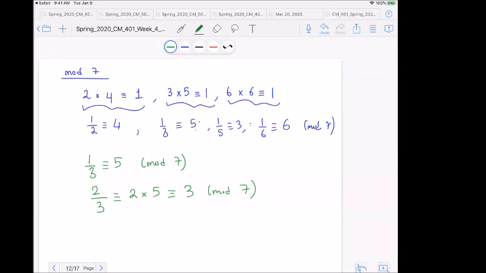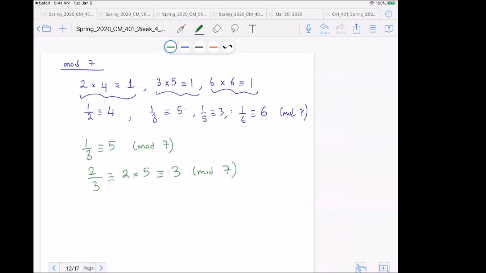Okay, guys? So now we can continue to write this, right? 2 over 3 is equivalent to 3. 2 over 4 is equivalent to 6. 2 over 5 is going to be equal to what? 3 times 3, which is equivalent to 2 in mod 7. 4 over 5 is going to be equivalent to what?